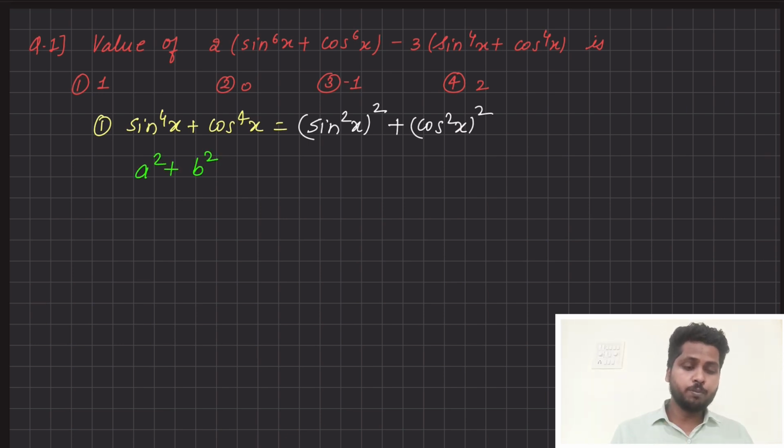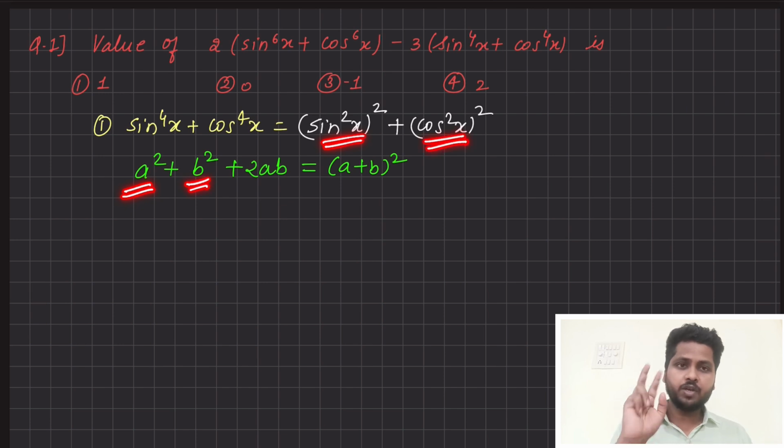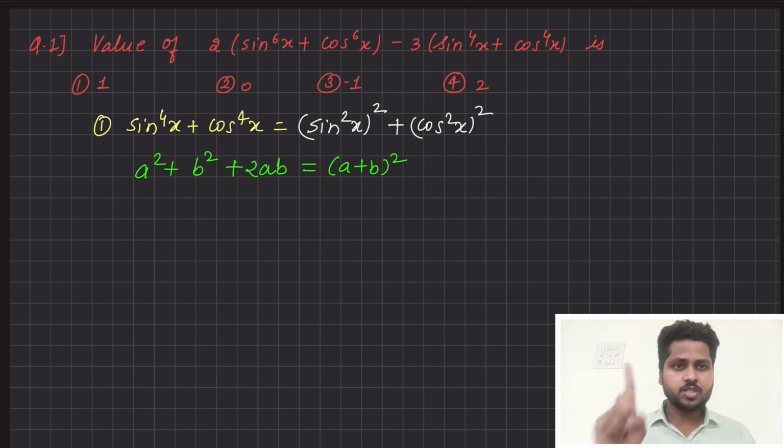It means to make it a perfect square I need 2ab, then only it will become a plus b whole square. So at the place of a we have sin square, and at the place of b we have cos square. As you can see, a means sin square, and b means cos square, okay. So we need 2 times ab. It means 2 times sin square x into cos square x.